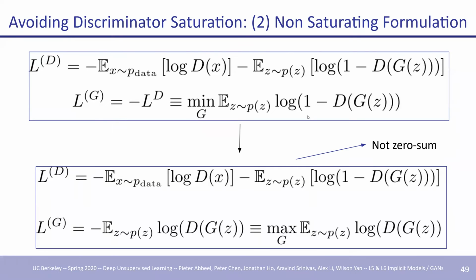It's a similar formulation, but they say it's not a zero-sum game anymore, because both are playing a slightly different game, I guess. I'm not sure why that's not a zero-sum game anymore.